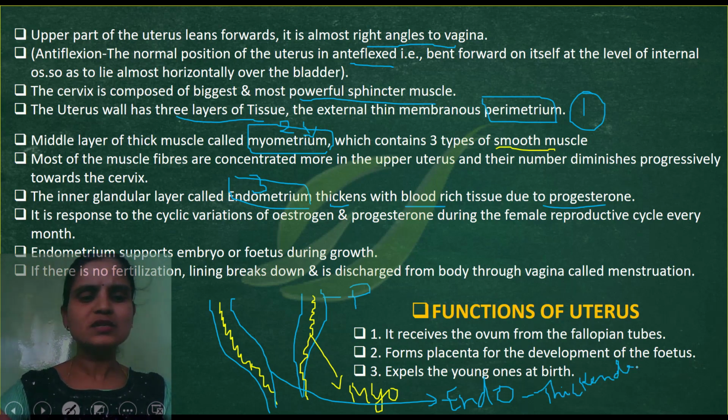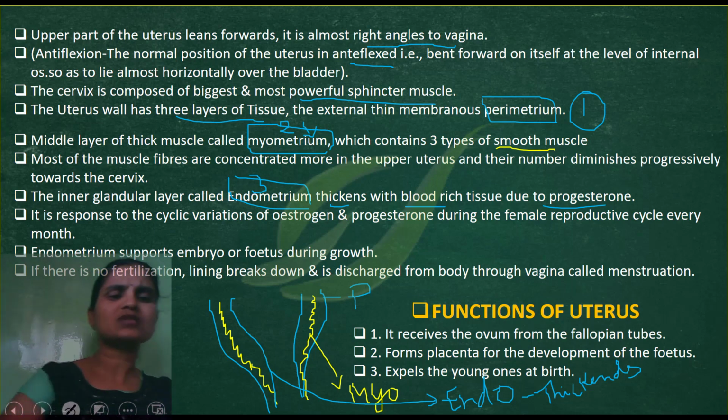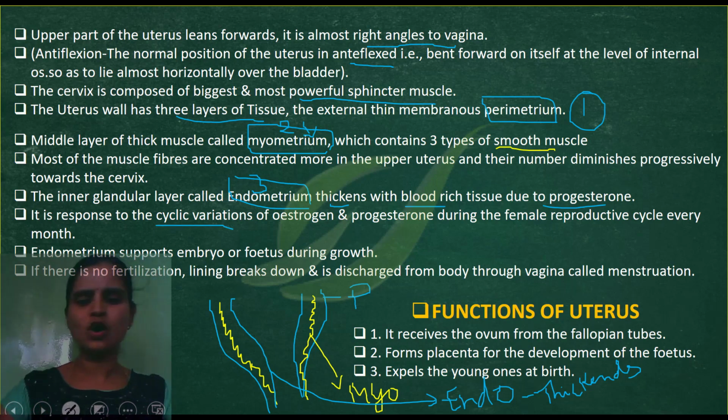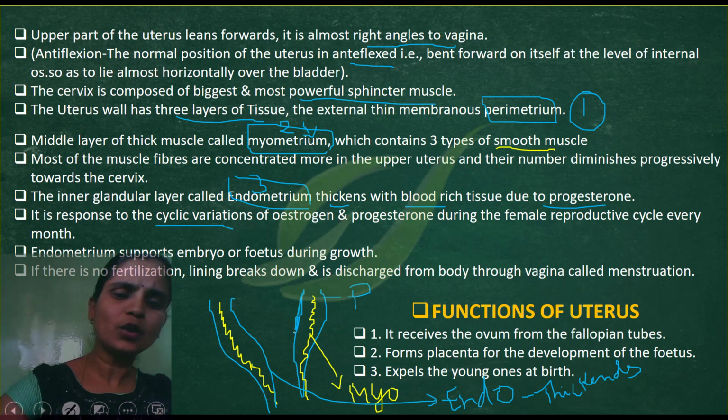So the endometrium plays a very important role. The thickness of the endometrium changes cyclically. Cyclical variations in the thickness of the endometrium take place. It won't always be thick.